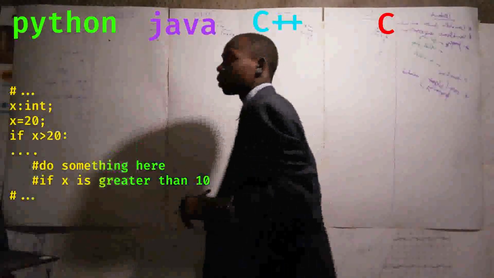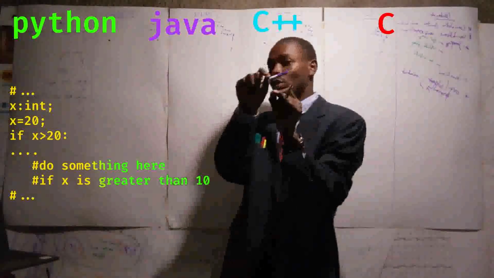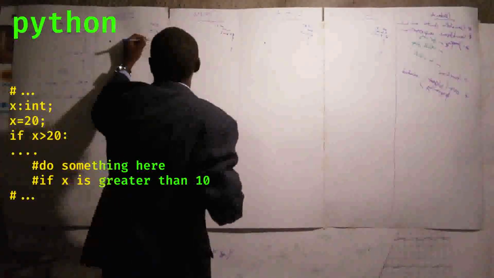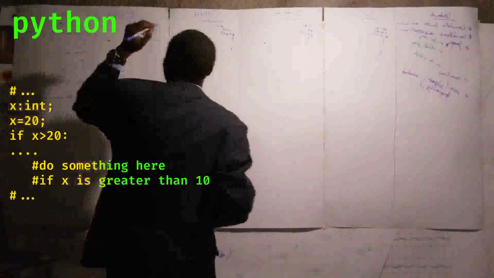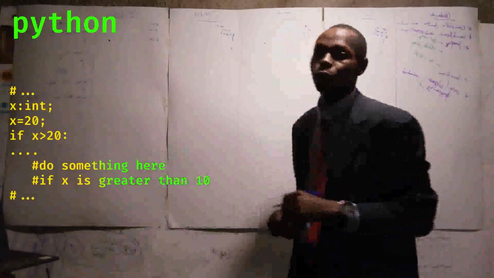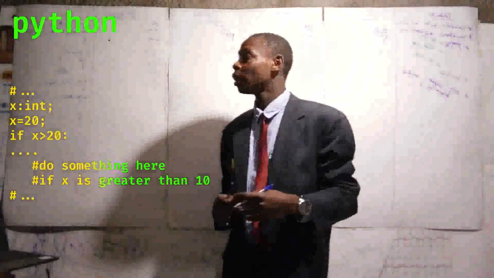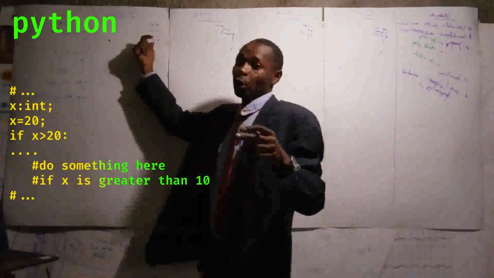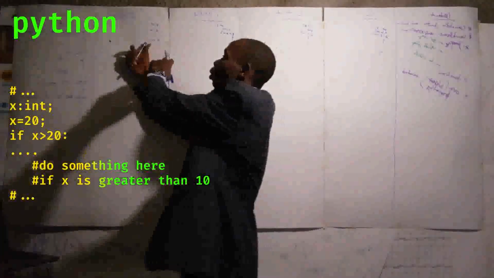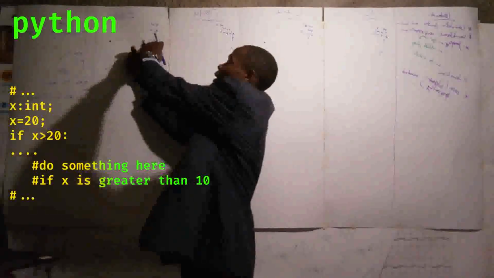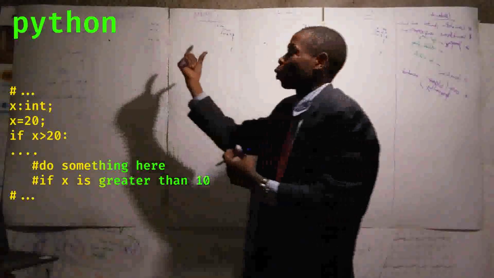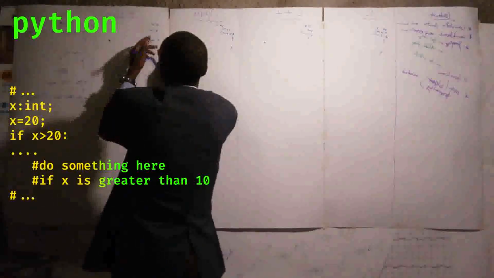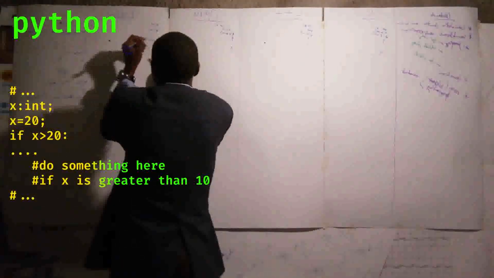After this, put a colon at the end of the statement. After putting the colon, you press enter. After pressing enter, if your cursor was not moved in from the first column of the screen, you should press the space key on your keyboard: 1, 2, 3, 4. Continue here.